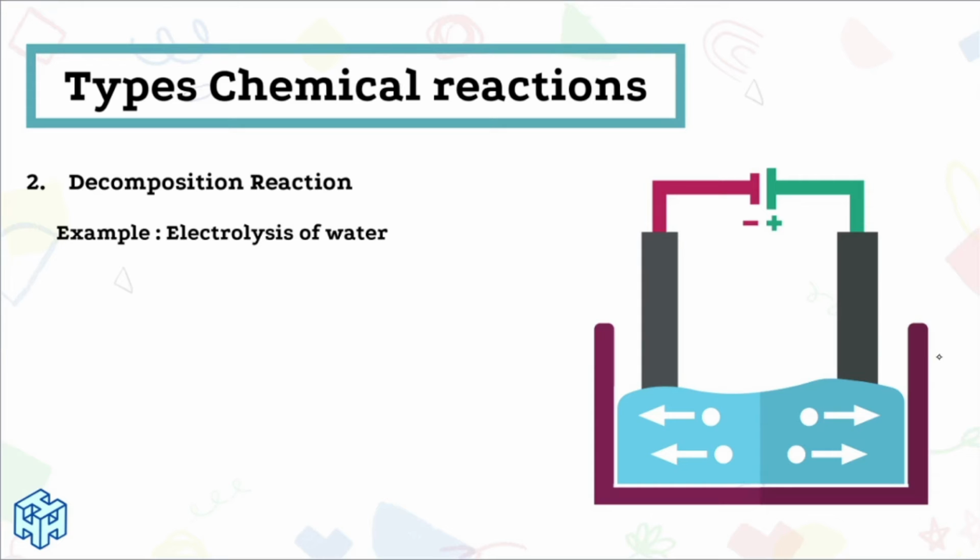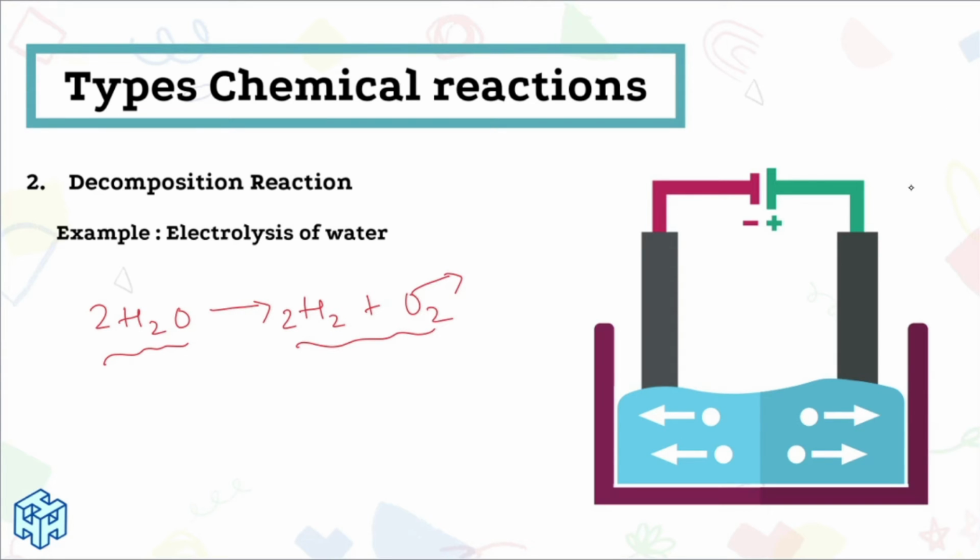Now let us understand one more example of decomposition, that is electrolysis of water. Here it is given that 2H2O gives rise to H2 plus O2. This is how oxygen is produced nowadays. Nowadays in the corona crisis, lots of oxygen is required.